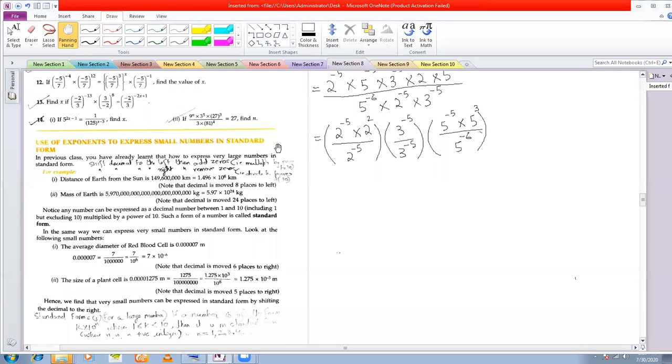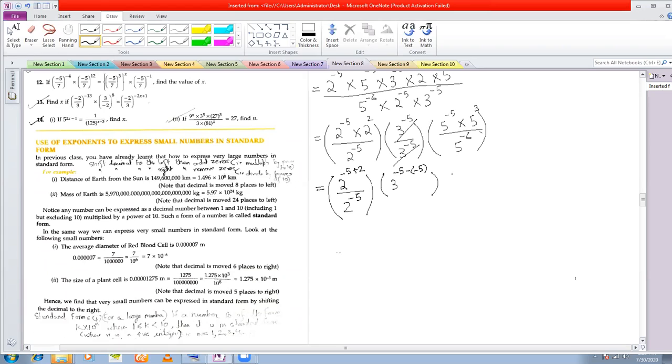So now this is a to the power of m into a to the power of n: 2 to the power of minus 5 plus 2, divided by 2 to the power of minus 5. And this is 3 to the power of a to the power of m by a to the power of n becomes 3 to the power of 0, which is 1, or you can cancel here also.